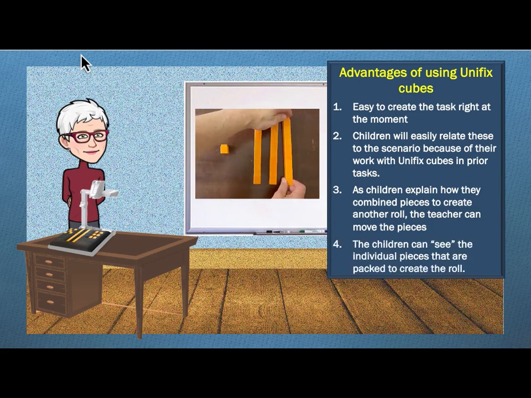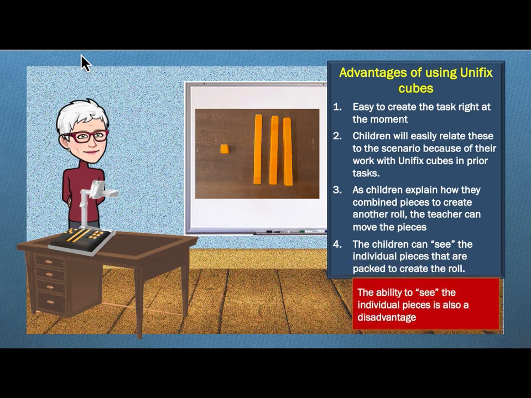A fourth advantage is that the children can see the individual pieces that are packed to create the roll. For those children that might still be working hard to think of a roll as a single thing that is made up of 10 pieces, this image might be useful.